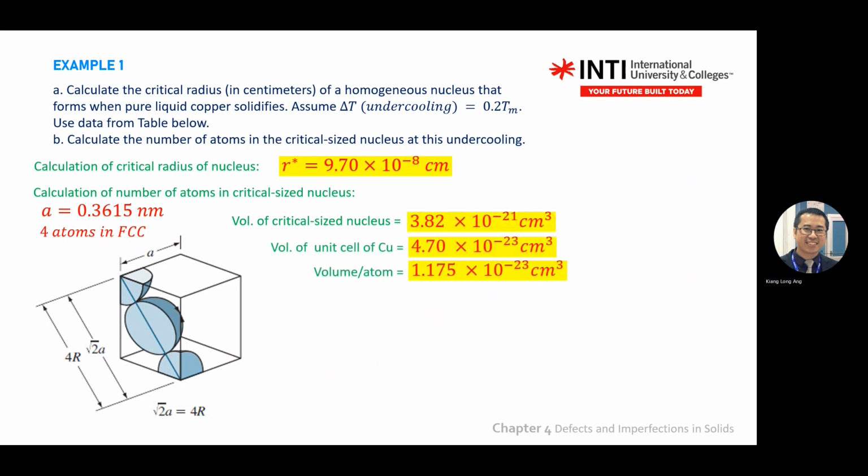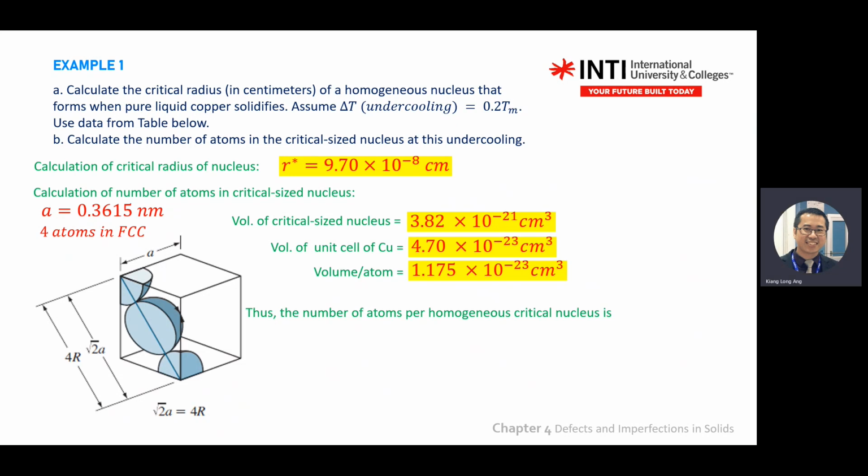Okay, so you have these three values you calculated. You calculated the critical radius R star, then the volume of the critical size of the nucleus, and the volume of the unit cell of copper, and you calculated the volume per atom.